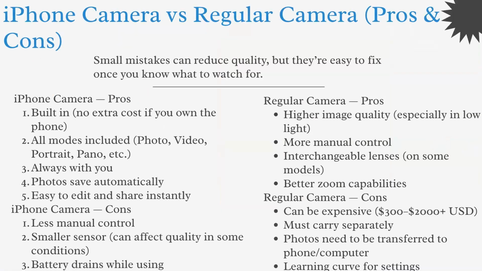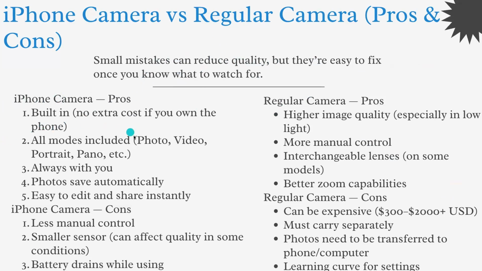iPhone camera versus regular camera, pros and cons. So by regular camera, it's talking about your standard Sony or Canon camera, the big physical ones. Yes, this is from the last slide, but first we have iPhone camera pros.